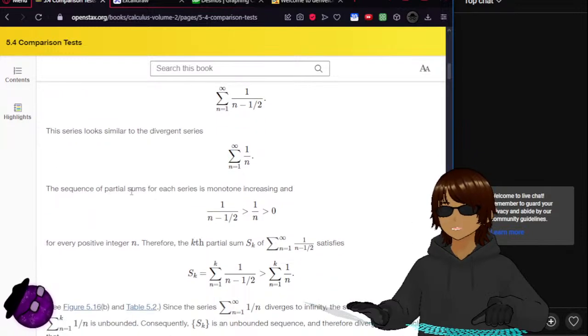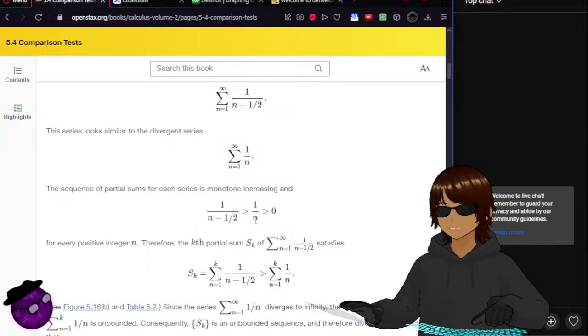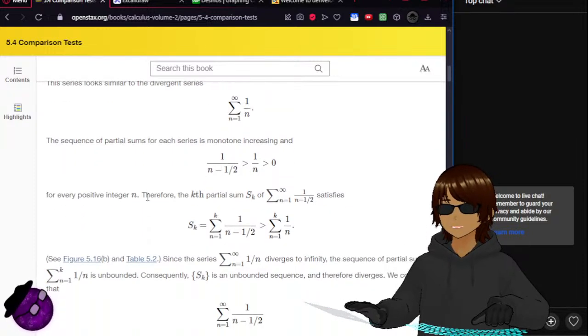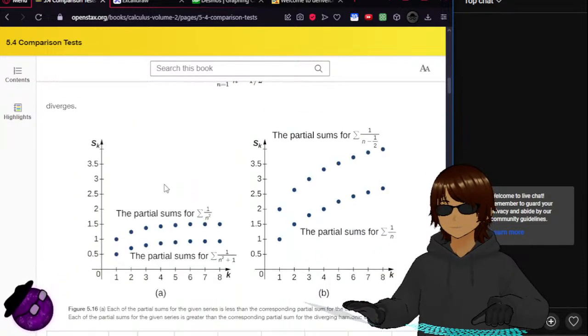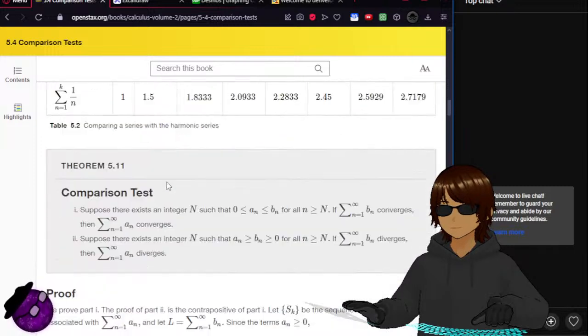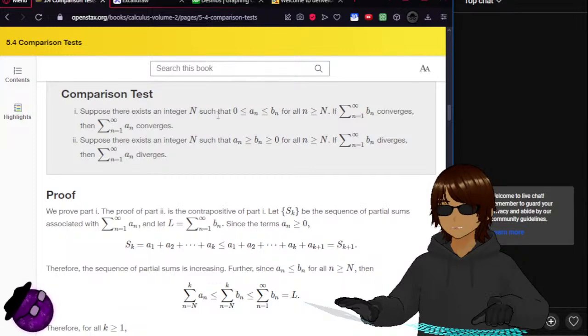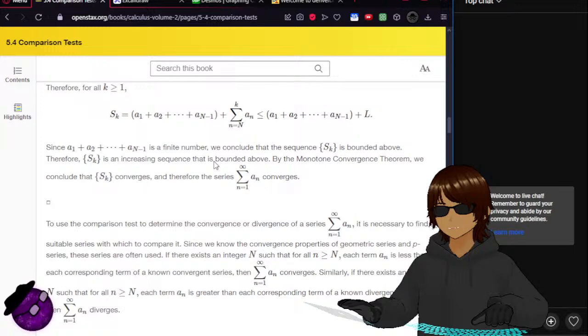The sequence of partial sums for each series is monotone increasing, and this is always true. 1 over n minus half is greater than 1 over n, which is greater than 0. So if 1 over n is diverging, then 1 over n minus half is diverging. Comparison test. Okay, I get the idea.